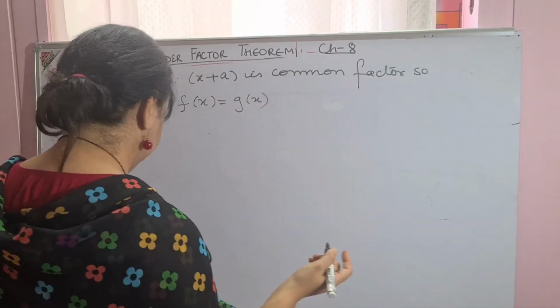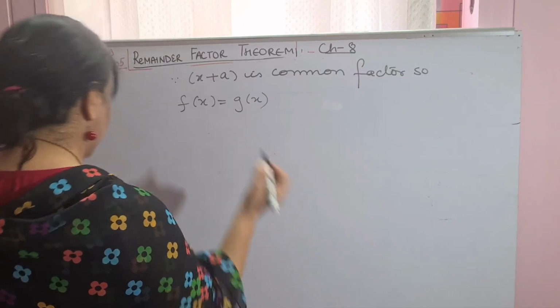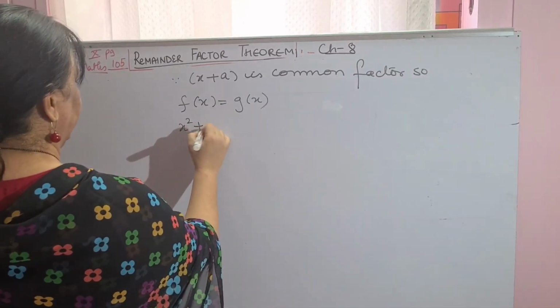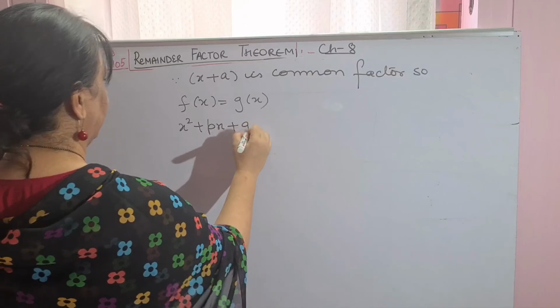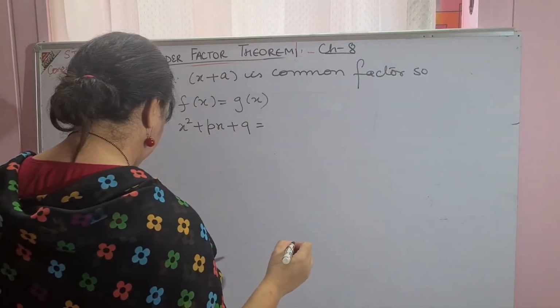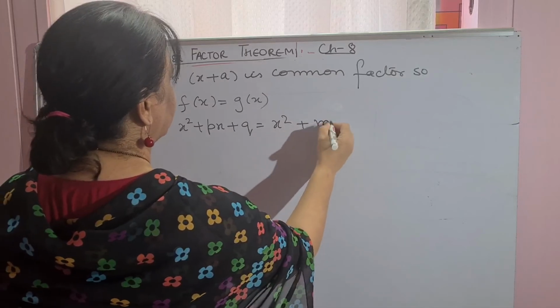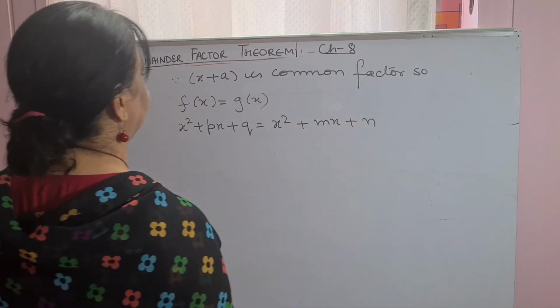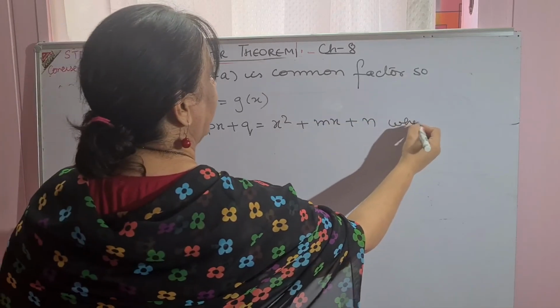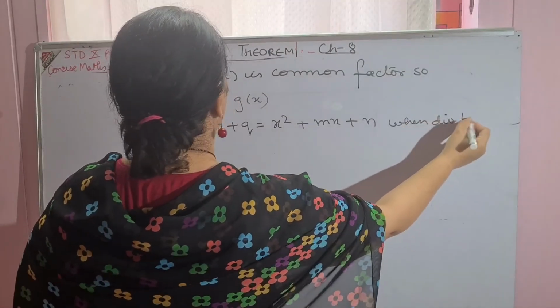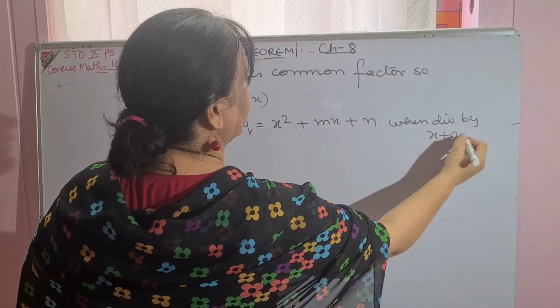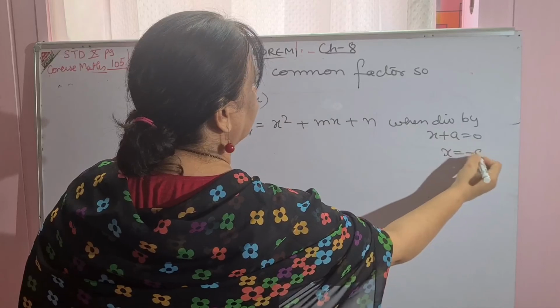So same thing. The polynomial is x square plus px plus q, x square plus mx plus n, when divided by x plus a is equal to 0 or x is equal to minus a.